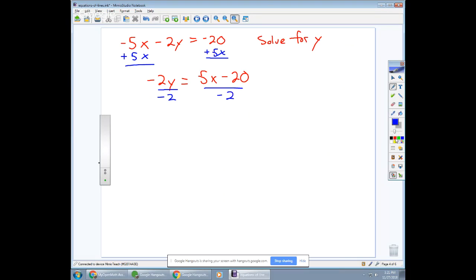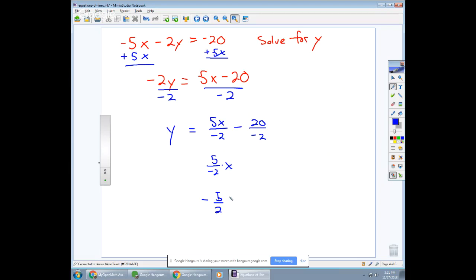And what that means is that both pieces here are divided by negative 2. Both the 5x is divided by negative 2, and the minus 20 is divided by negative 2. On the other side, negative 2 divided by negative 2 is 1y. And then this can be rewritten as 5 over negative 2 times x, which is the same as negative 5 halves.